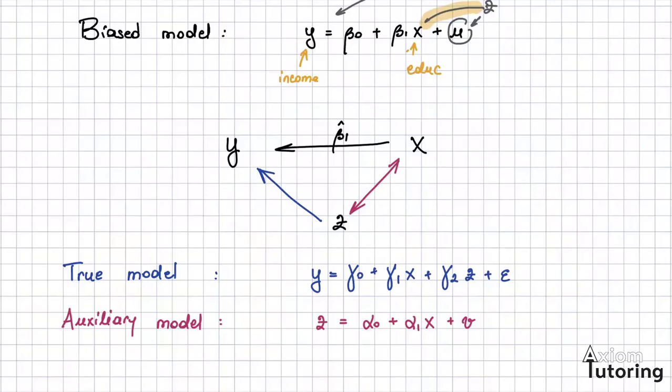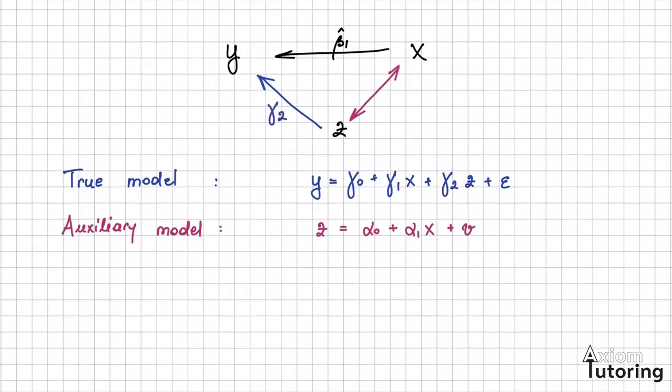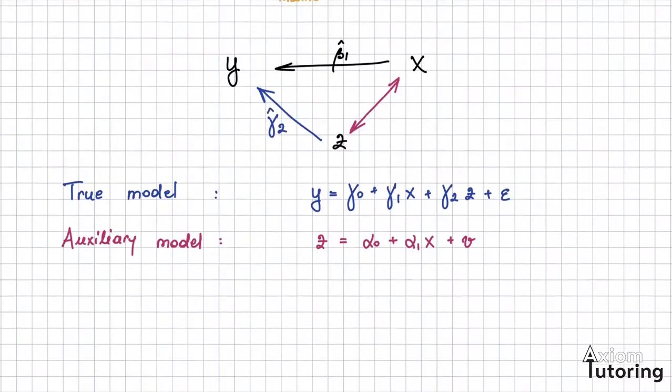So very clearly, the beta 1 that we had here is not going to be the true effect the moment that we don't take into account this relationship. We also know that if we had estimated the true model, then the effect of Z on Y would have been this gamma 2 hat, which is what I would have estimated.